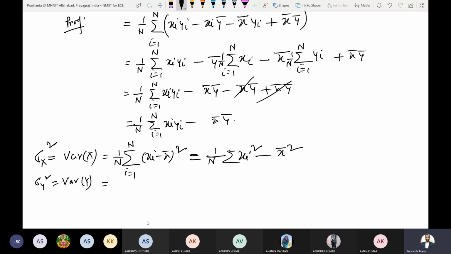It has the formula 1 by n summation i equals 1 to n yi minus y bar whole square. If you simplify, you get 1 by n summation yi square minus y bar square. So these are the alternative formulas or expressions to evaluate the standard deviation with respect to x or y.